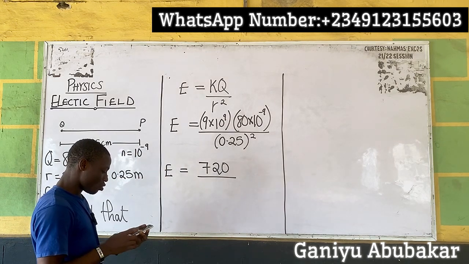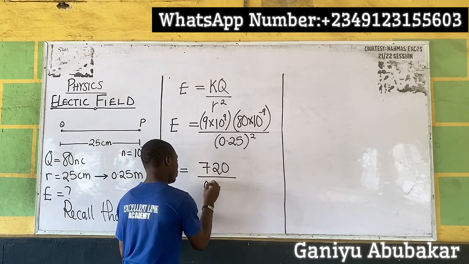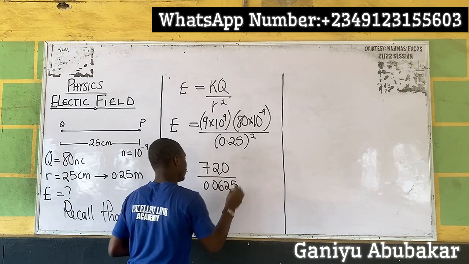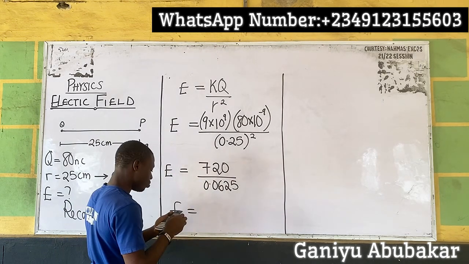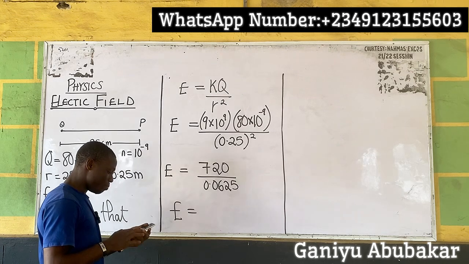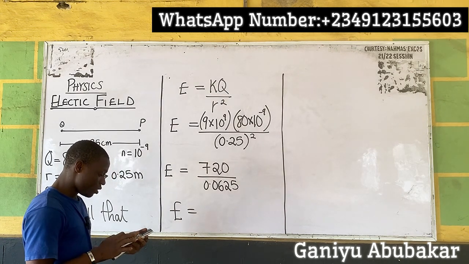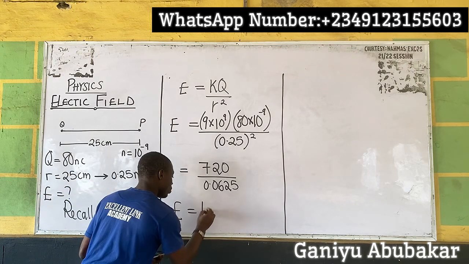This gives 0.0625. So E is equal to 720 divided by 0.0625.